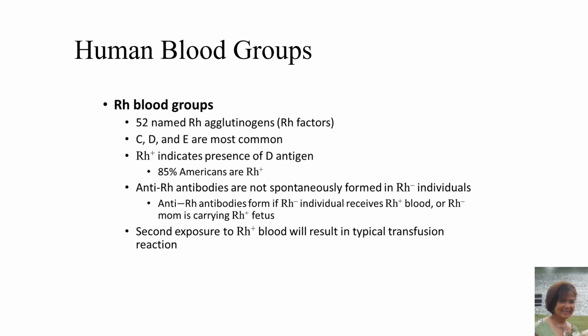It's very complicated and it's not necessarily taken into consideration unless the person really needs an overhaul of their blood, meaning the entire blood needs to be removed and put together again. Then you really need to have the RH compatibility determined because there are 52 named RH agglutinogens and they need to be matched, or an organ transplant.